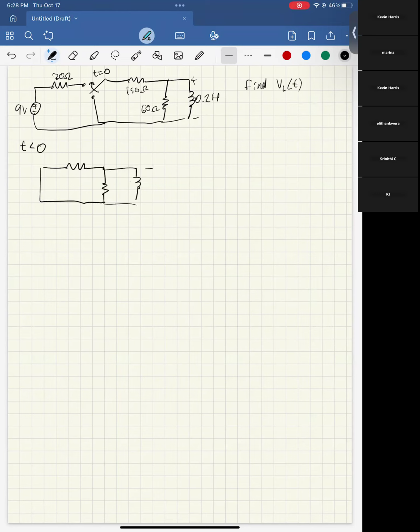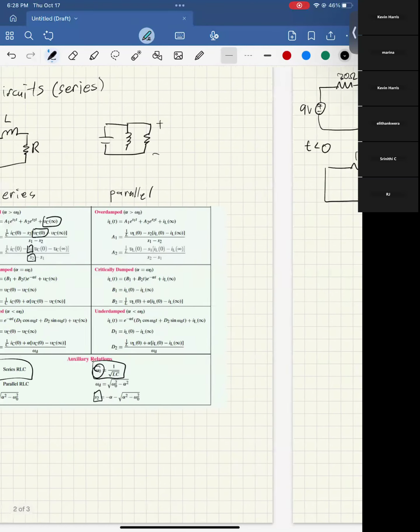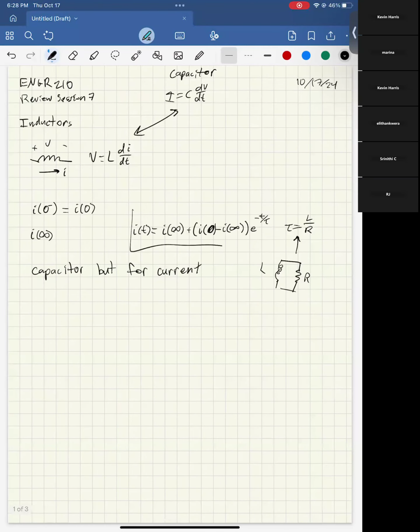Here, I could fill in all the values. But remember, what we're trying to find for an inductor question is this equation. I will copy this over, actually.